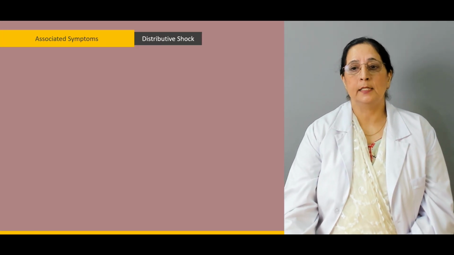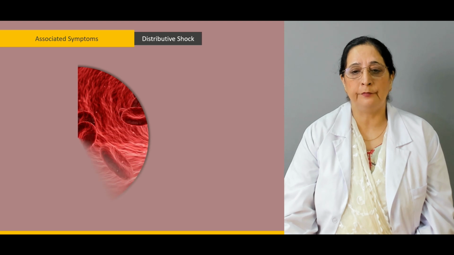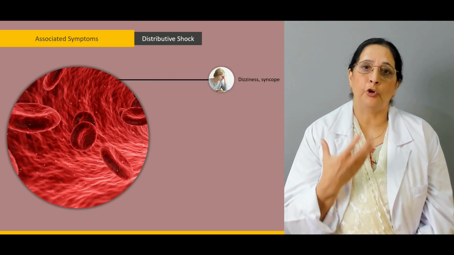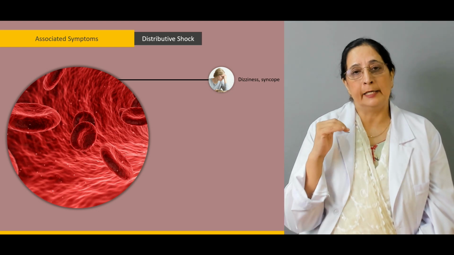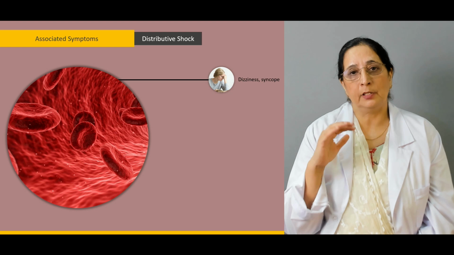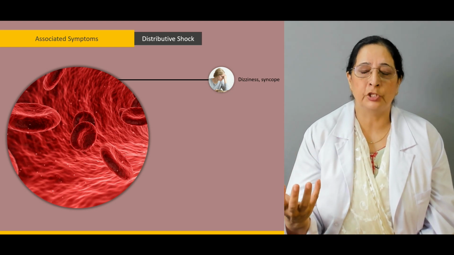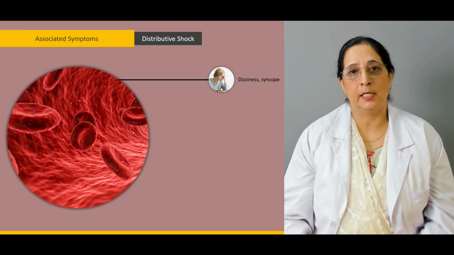Next, there is another condition known as distributive shock. Distributive shock is shock itself. What is shock? Shock is a decrease in blood pressure, hypotension, and the patient might lose consciousness and is not alert.